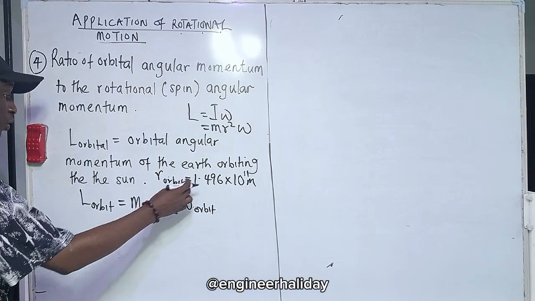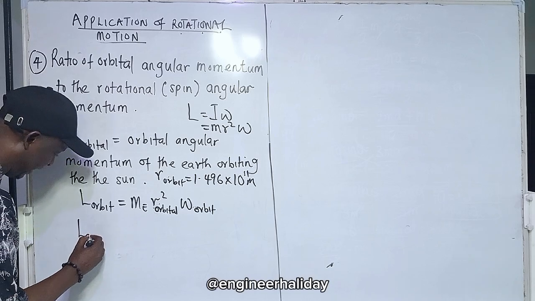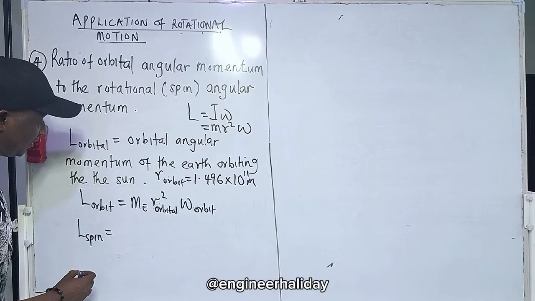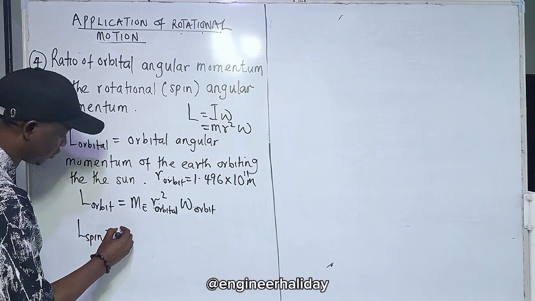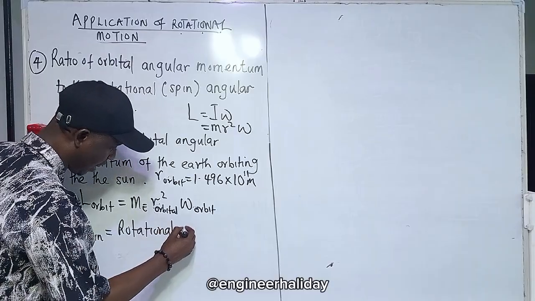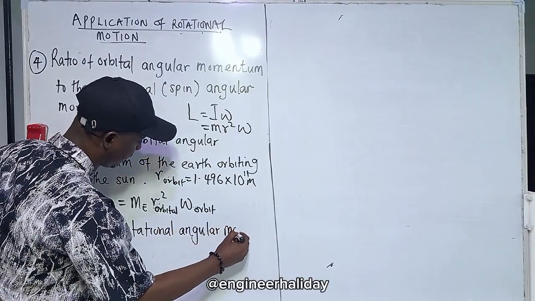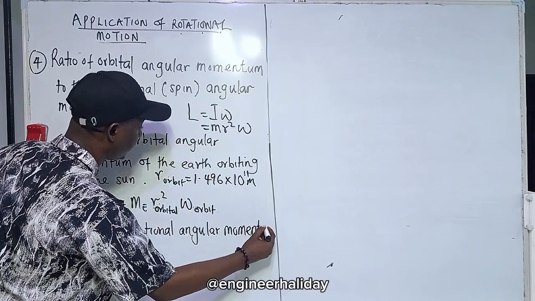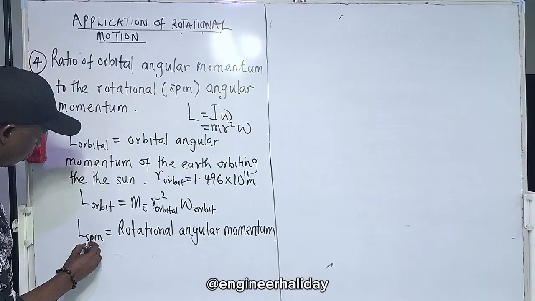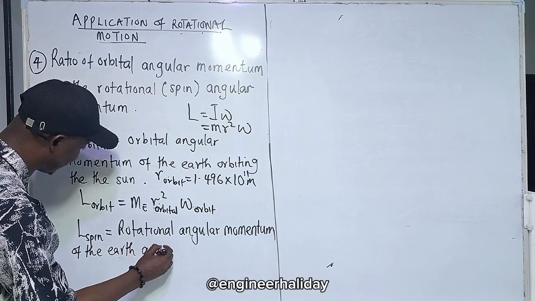Where R is the orbiting radius. Now we are left with L spin, or rotational angular momentum, of the earth around its axis.